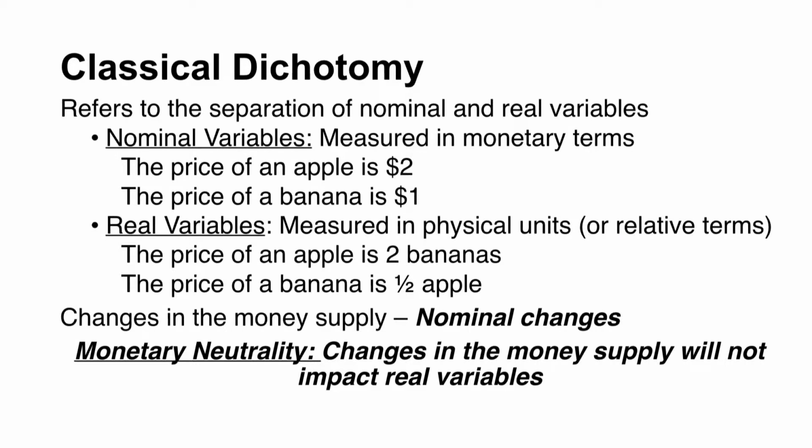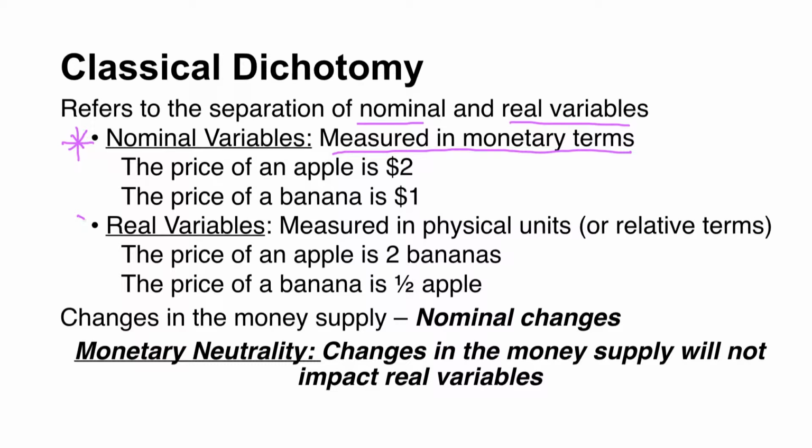So when we look at the classical dichotomy, that tells us that we're separating nominal and real variables. When we're calculating nominal variables, as we have seen throughout the course, we measure nominal variables in monetary terms. So in other words, the price of an apple would be $2, or the price of a banana is $1.